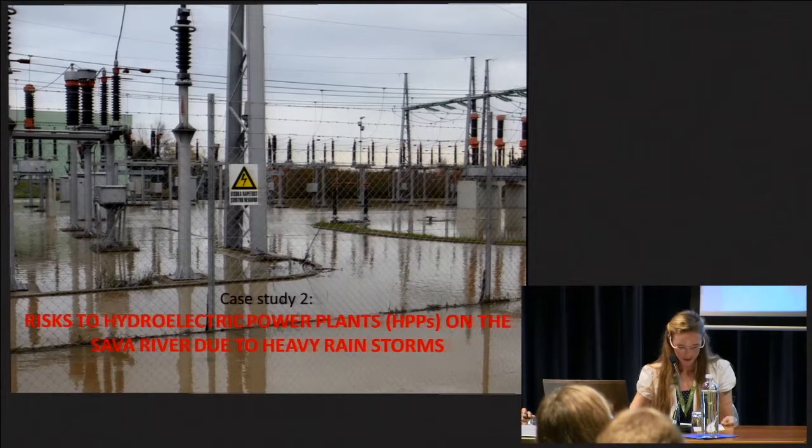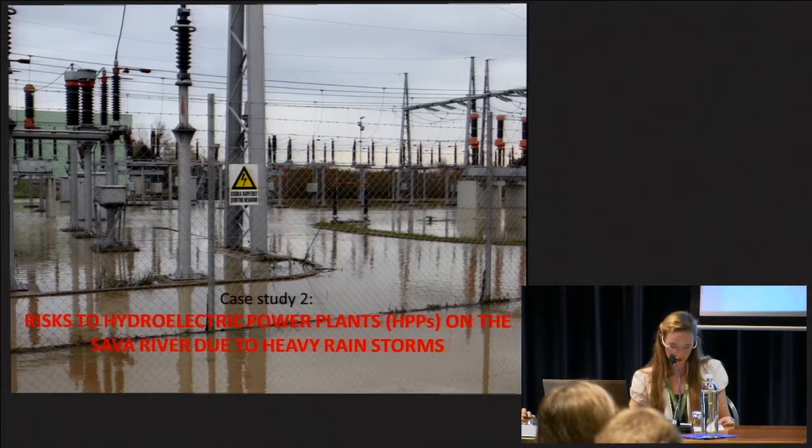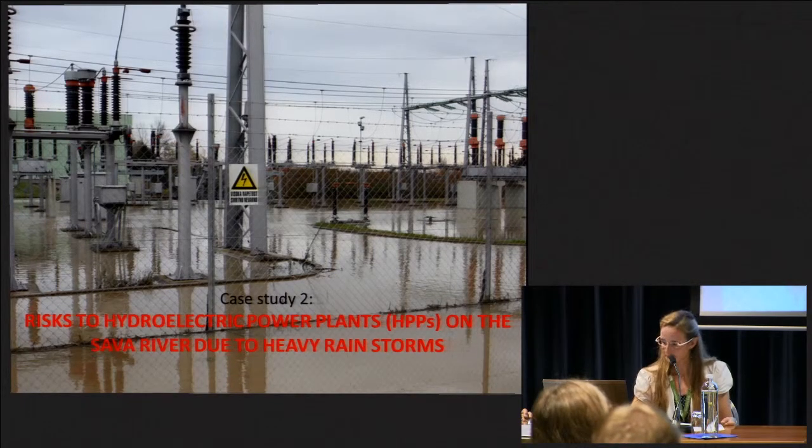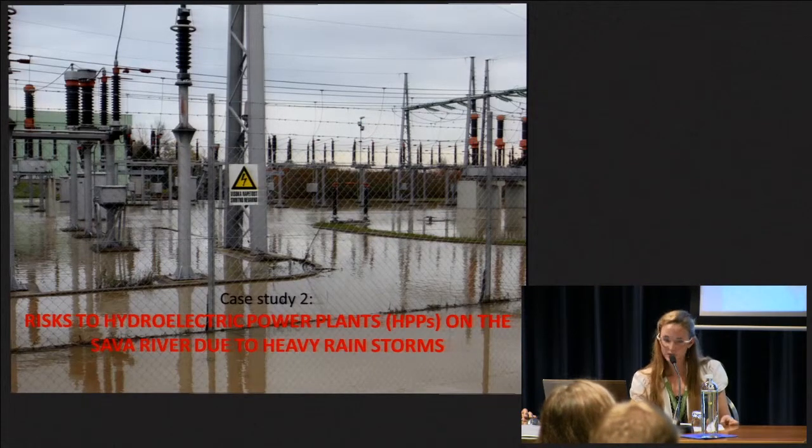So our next study is about risk to hydroelectric power plants on the Sava River due to heavy rain. Heavy rain can cause high discharges and increased amounts of floating debris and suspended matter in rivers.